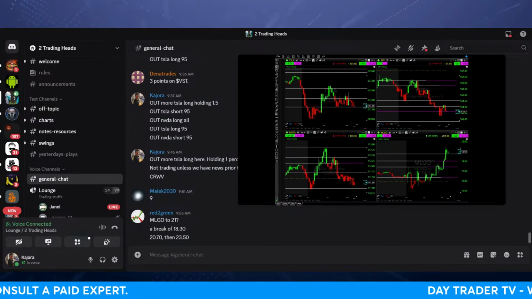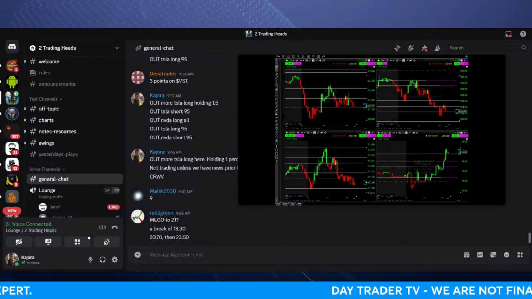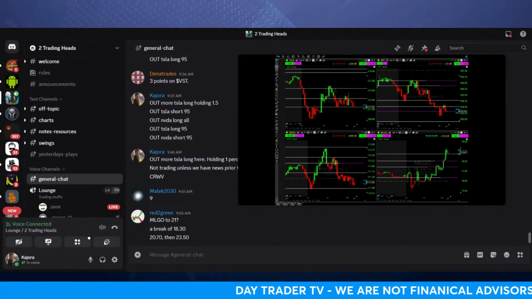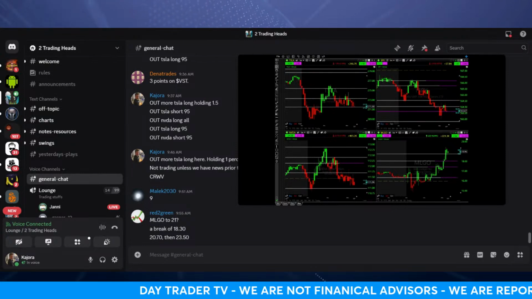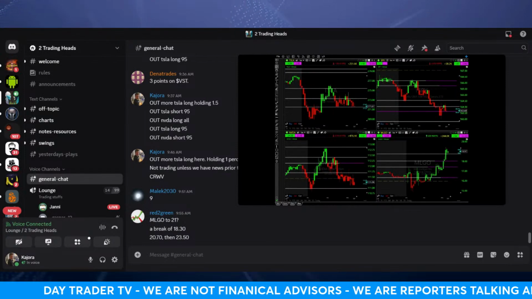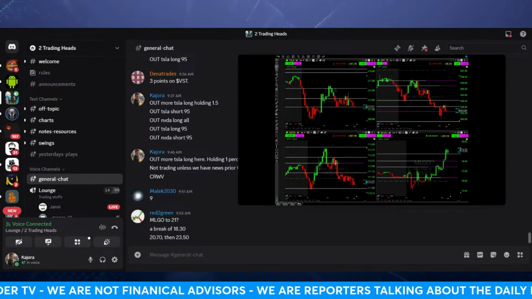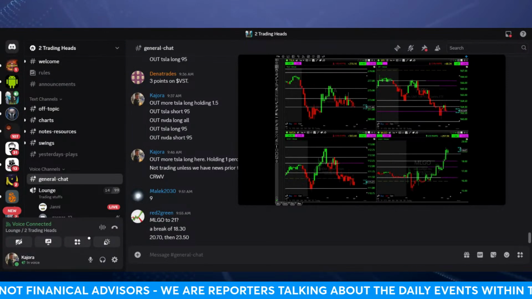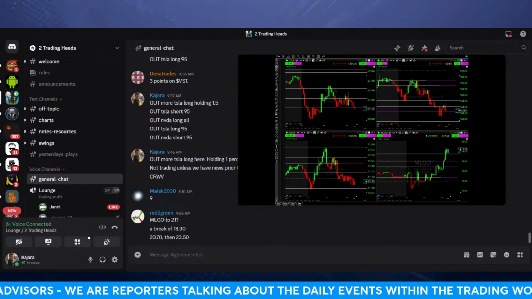We're still trying to hold on here. I would like to see one more push on this MLGO. One more push. Come on. Push it one more time.